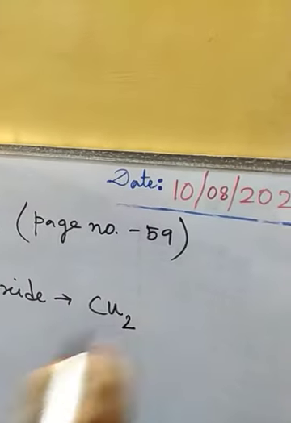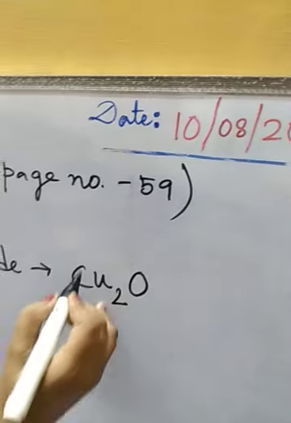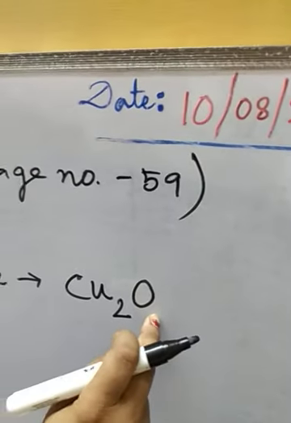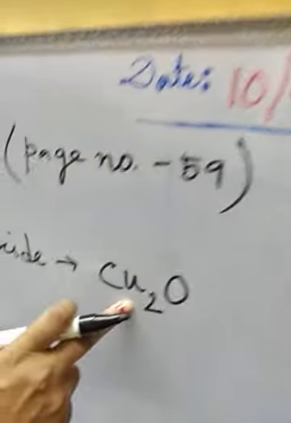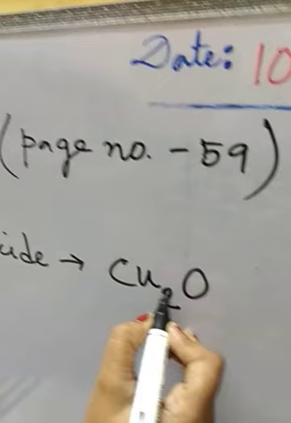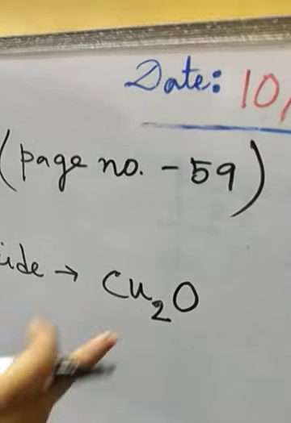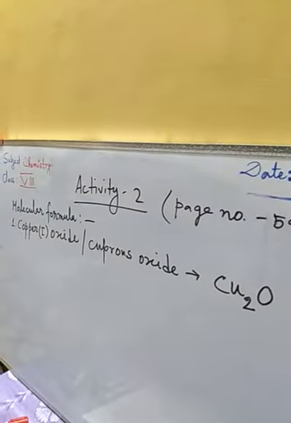So this 2 will go to copper, and copper's valency, that is 1, will go to oxygen, so we are not writing anything. The formula of cuprous oxide, or copper 1 oxide, will be Cu2O. So both ways we can write it, copper 1 oxide or cuprous oxide. Both are correct.